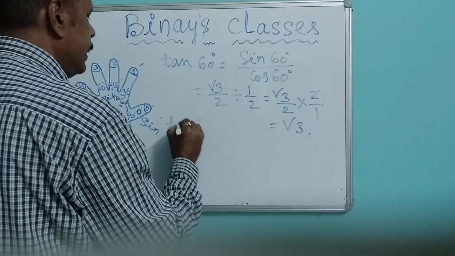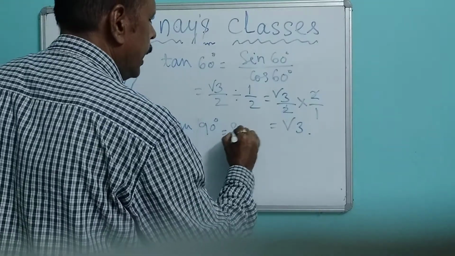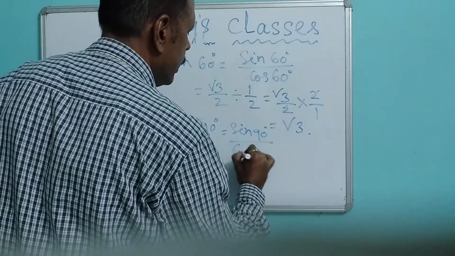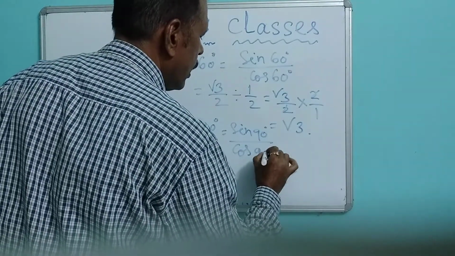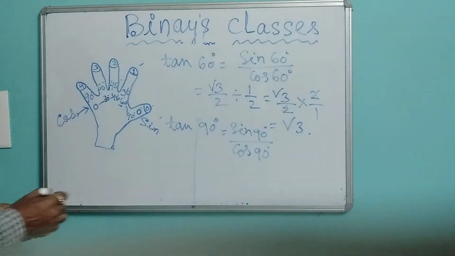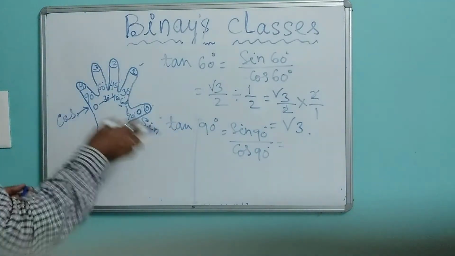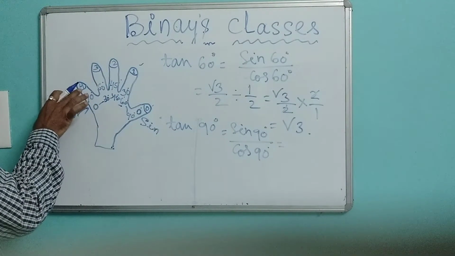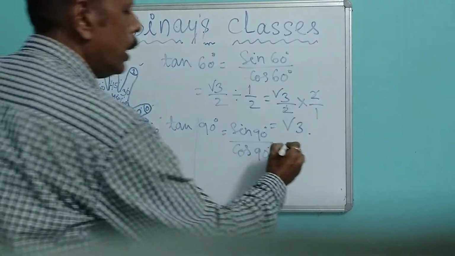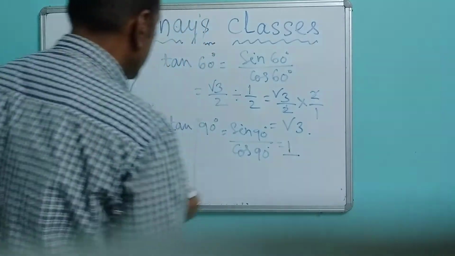Then comes tan 90, that is sin 90 by cos 90. Suppose you could not remember sin 90, here also you can get it: finger number 4, 4 by 4, that is 1, root over of 1 is 1, divided by cos 90.